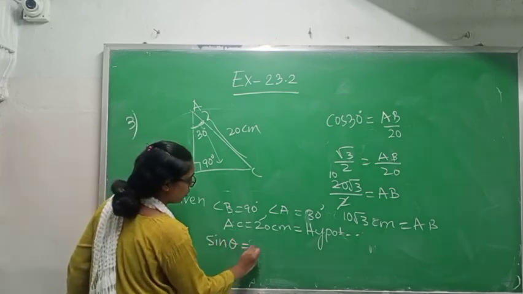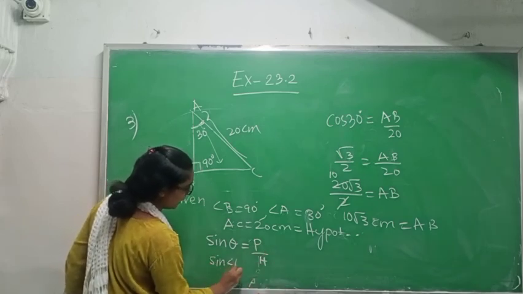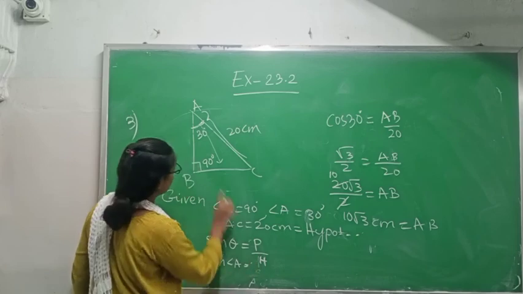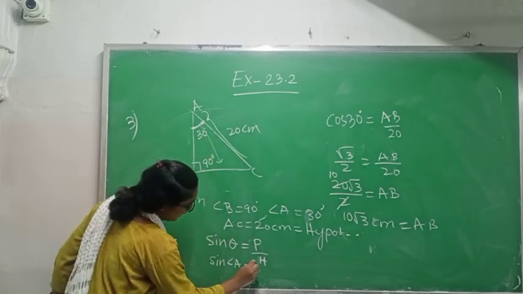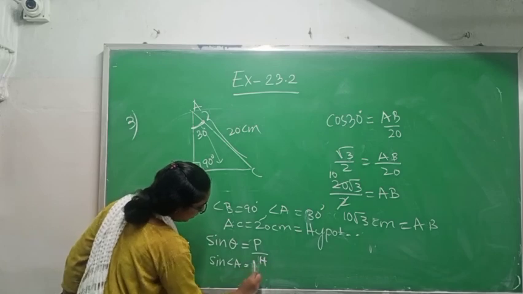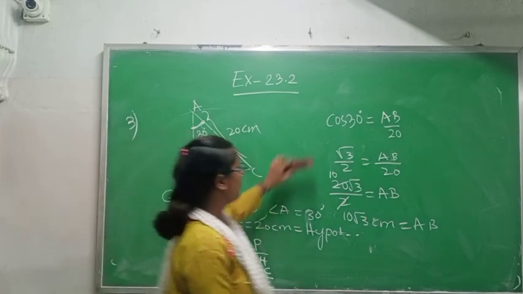Sine theta equals P by H. In place of theta you write angle A. P is BC, because with respect to angle A, BC is your P and H is AC only.